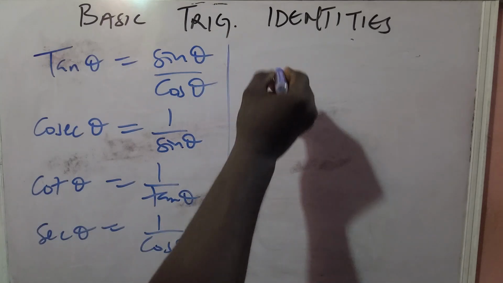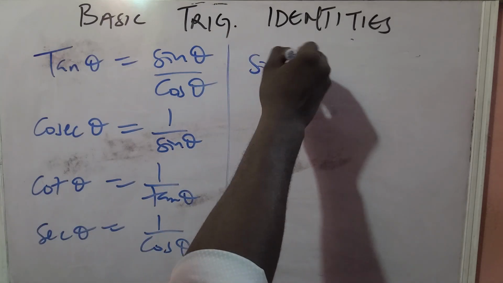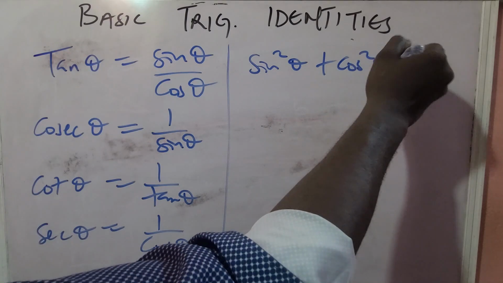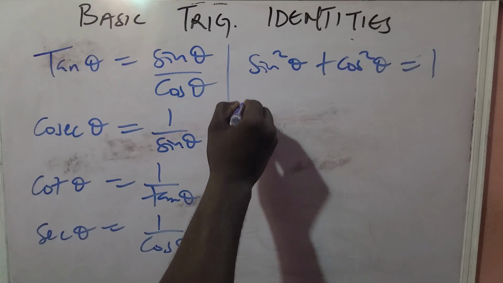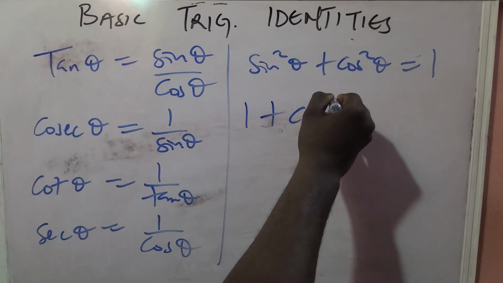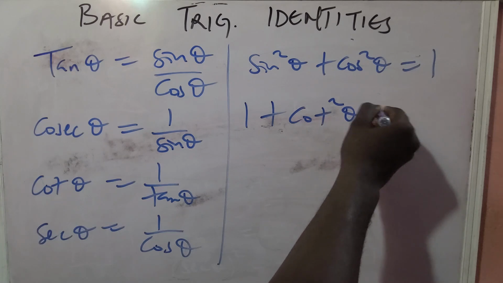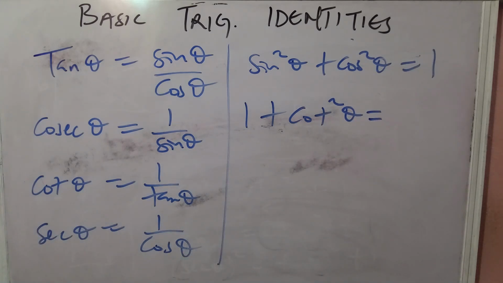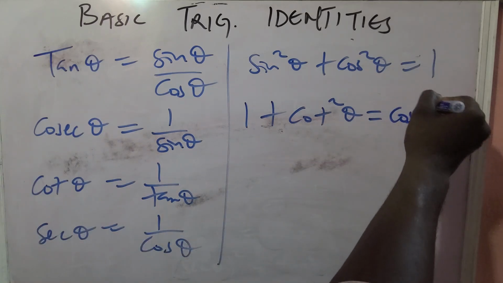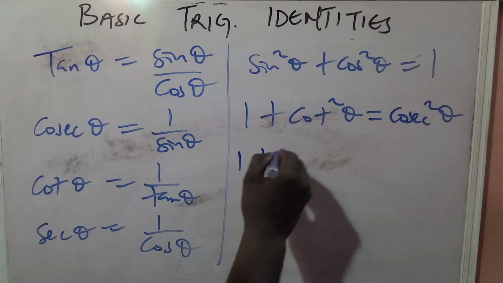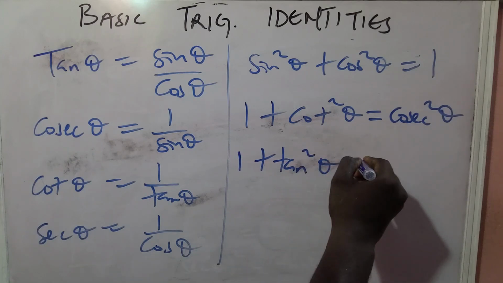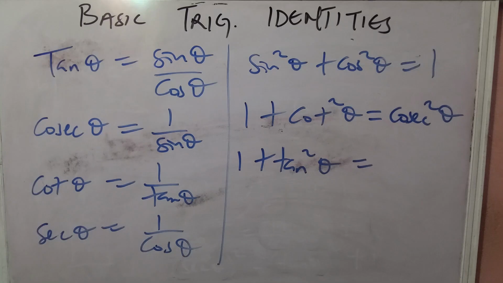And then we have sin square theta plus cos square theta equals 1. That's number 5. Then we have 1 plus cot square theta will be equal to what? Cosec square theta. And then we have finally 1 plus tan square theta equals what? Sec square theta.